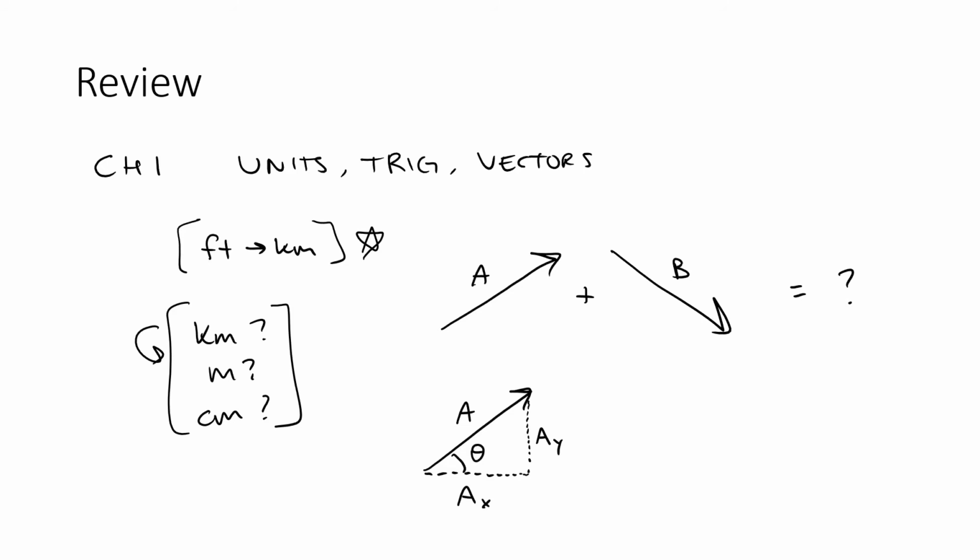We also will need an angle. So these two things on the right, they're related. And we're going to make a lot of use of SOHCAHTOA. We use that to find the components.